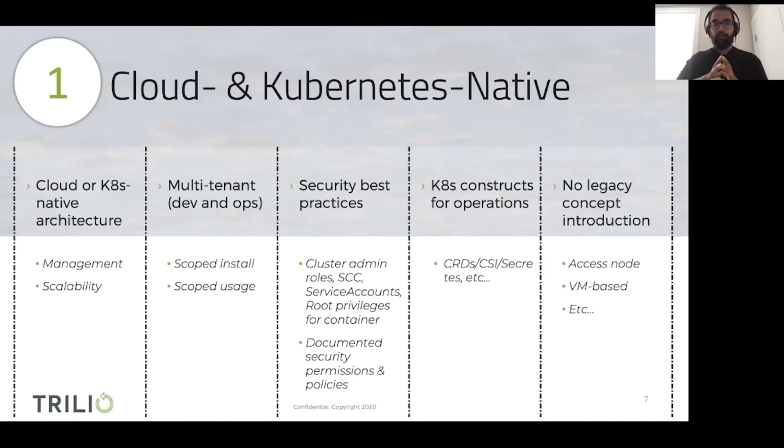There is no point in running a legacy technology with your Kubernetes environment because you are going to always be lopsided, or that will be the single point of bottlenecks for any kind of scalability aspects needed within your environment. So you want your application or your technology to be Kubernetes native.